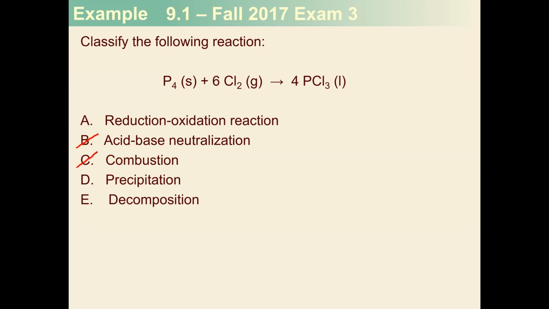Well, no, because we do not have aqueous solutions forming a solid product. And this cannot be a decomposition because we're actually forming a unified product. So this is going to fall under a normal redox reaction. So this is a redox reaction by name, and it would fall under the combination subclass and family.